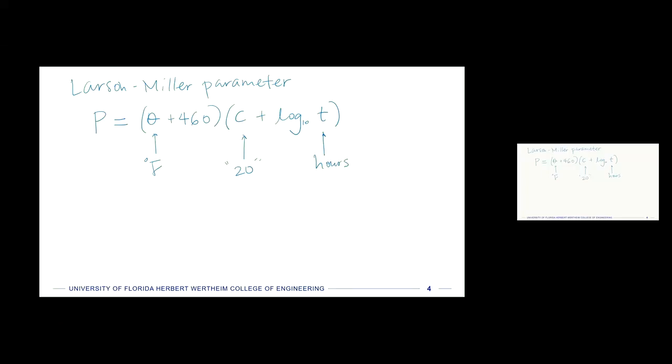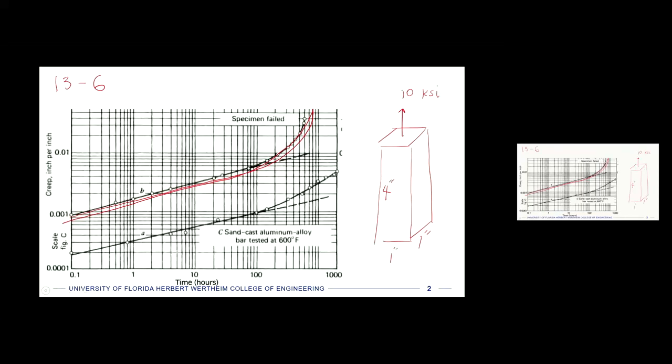Okay. So we have some data. So let's go back and look at what this parameter is if we just calculate it based on when the sample failed, right? Because that's our bounding situation, is when the thing failed. So if we go back and look at this, we can see that it says specimen failed up here at the top.